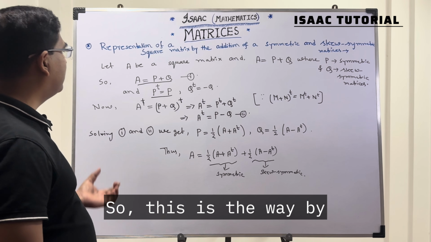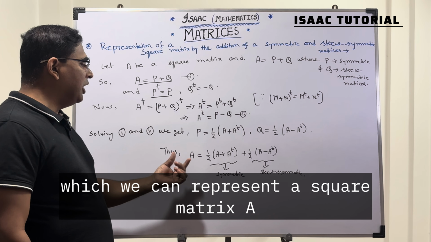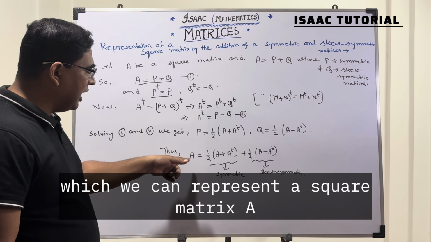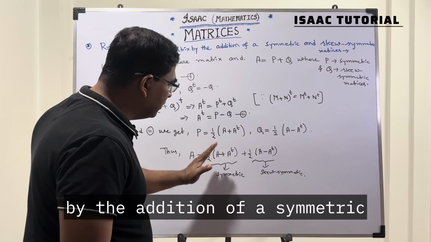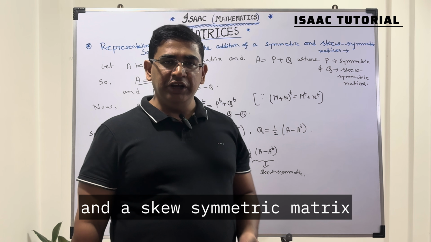So this is the way by which we can represent a square matrix A as the addition of a symmetric and a skew symmetric matrix.